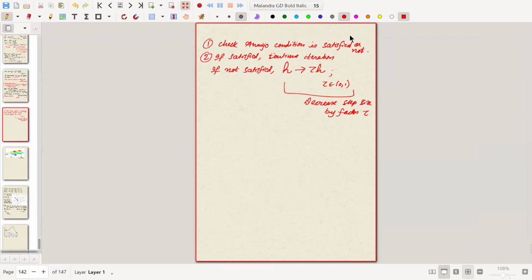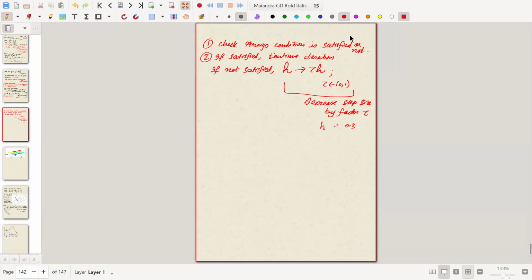So how shall we proceed with the method? Check the Armijo condition is satisfied or not. Check the inequality is satisfied or not. If it is satisfied, carry on with the iteration. If it is not satisfied, then decrease the step size. How will you decrease the step size? You have a parameter tau, which is between 0 and 1. Take 0.3.